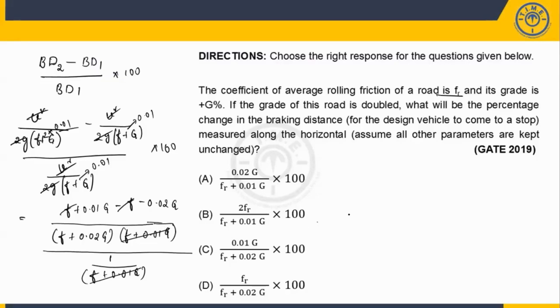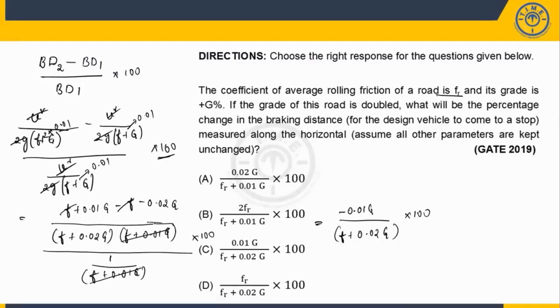So what are we left with? Sir, we are left with minus 0.01Z by F plus 0.02Z, the total change into 100. Since we have 100 here also, don't be worried now.